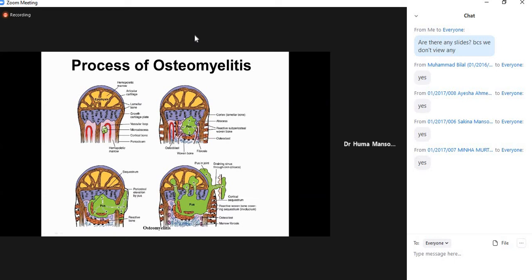When this pus becomes large, it starts secreting more and more mediators, due to which osteoclasts and osteoblasts start forming. You can see these osteoclasts are the bone resorbing cells. They cause bone resorption and make the sequestrum.